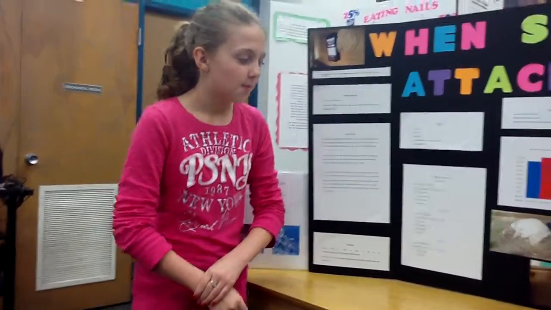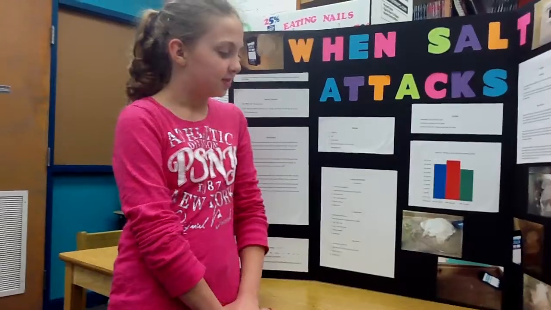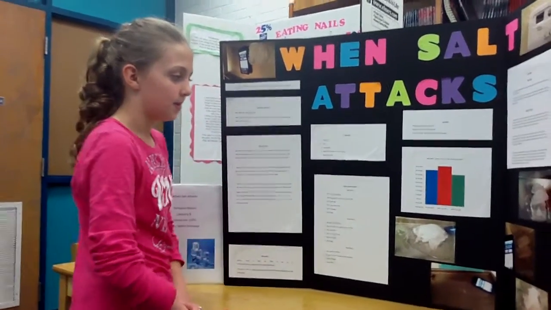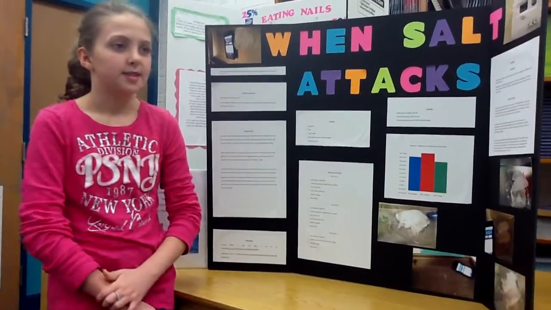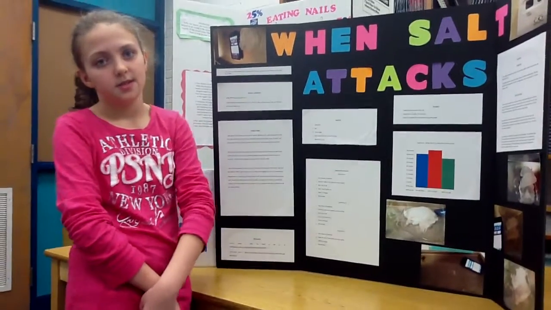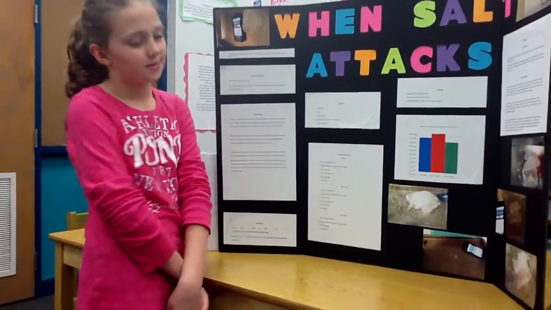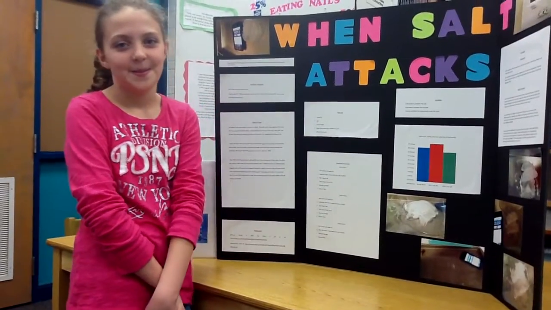I would probably pay more attention to what happens when the salt melts the ice, because it might be that the salt melts the ice faster than 1 teaspoon or no salt added.